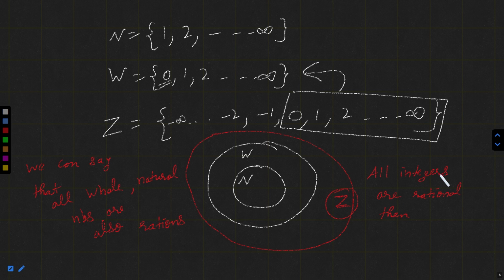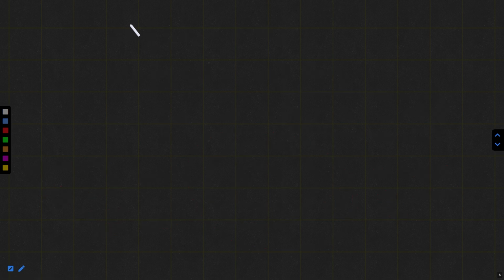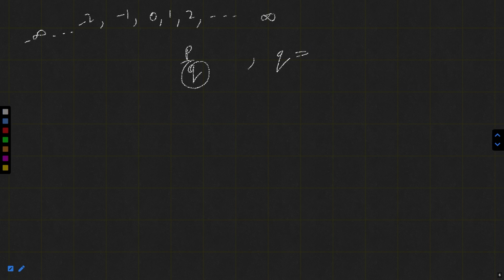So integers, we know what integers are. Integers are 0, 1, 2 till infinity, and minus 1, minus 2 till minus infinity. For integers to be rationals, they must have the form P upon Q, where Q is not equal to 0. Always remember that.